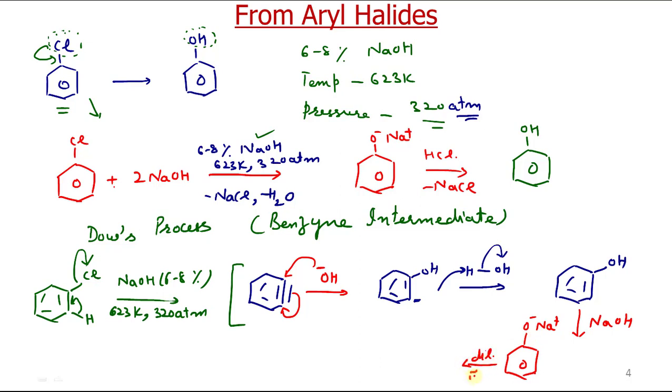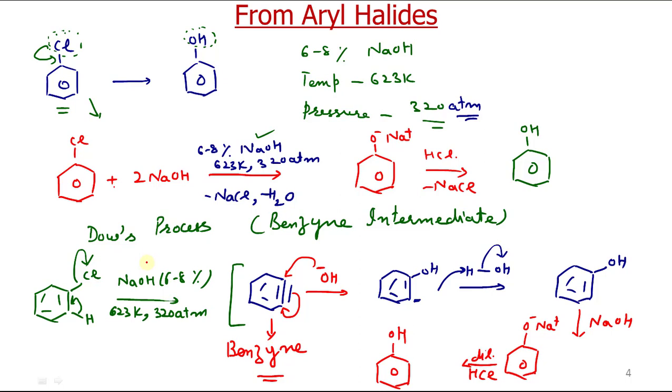Upon adding dilute HCl we get phenol. So that is the mechanism of this reaction. This reaction occurs through a benzyne intermediate. This is your benzyne. So very easy mechanism. This is the overall mechanism for nucleophilic substitution in aryl halides.